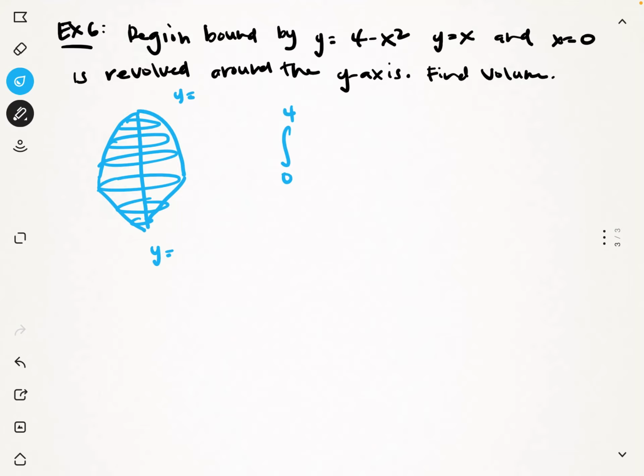And then we know that, well, let's figure it out this way. For each of our circumferences of our circle, let's do this as shells because this is going to be easier as shells. Okay, so we're not stacking circles, we're stacking these shells, shell method.